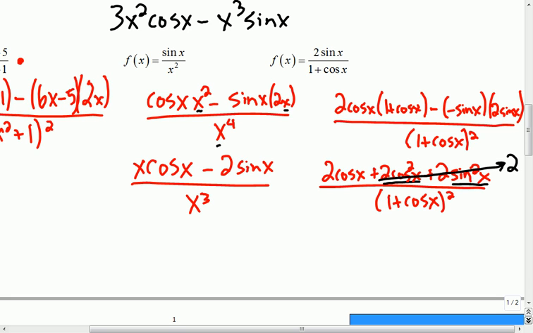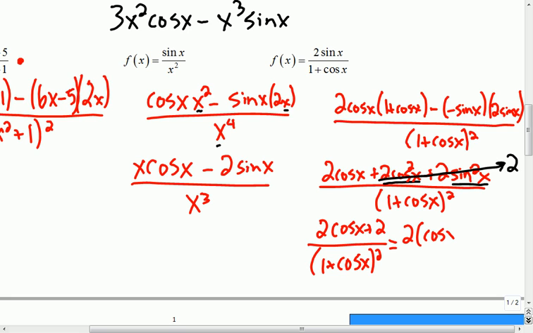This is the reason why, as I was saying, that'll be 2 cos x plus 2 over 1 plus cos x squared. If I factored that out, then I would be able to remove it from the top and lose 1 on the bottom.